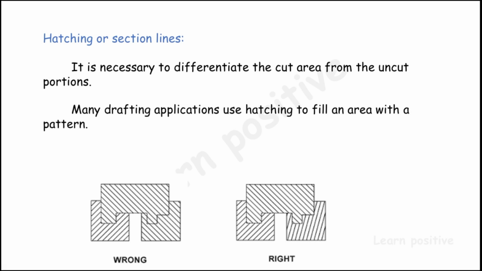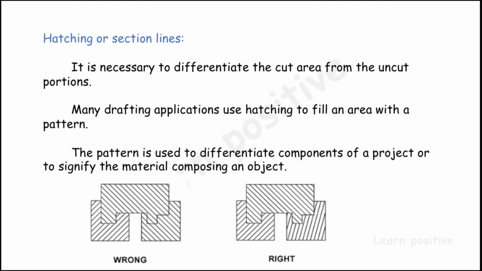The pattern is used to differentiate the components of the object or to signify the material composition of an object. So it is used to differentiate the material of the component we are sectioning, and also to differentiate the component parts from one part to another.